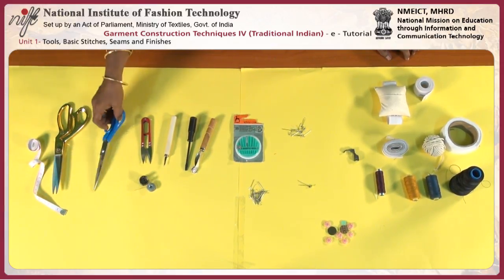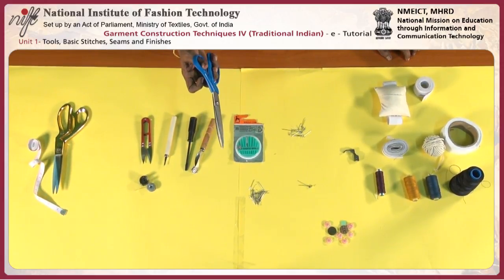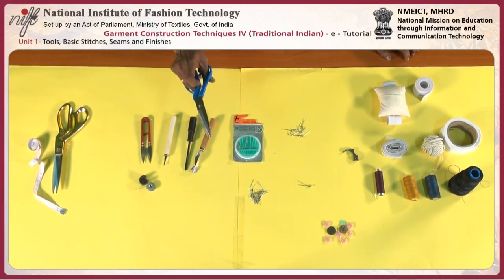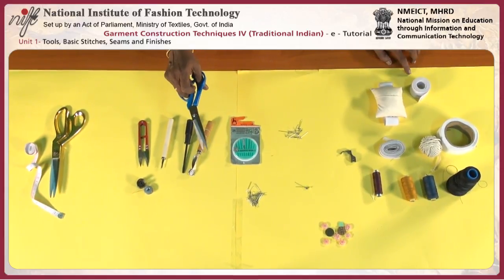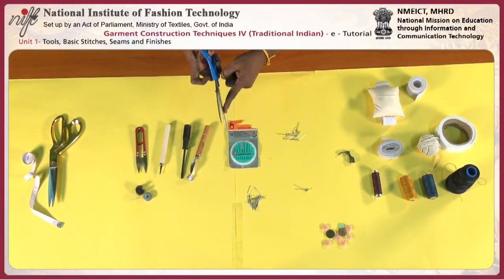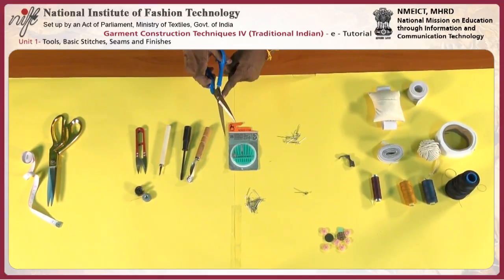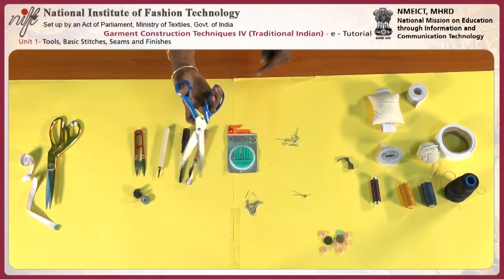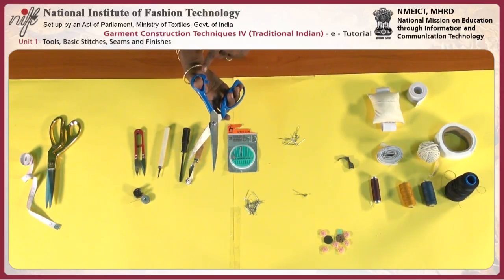Another cutting tool is the scissors, which is used to cut threads and other trims. Again the stainless steel blade is there, the lower blade and the upper blade, settled with a screw, and the same small hole and big hole.